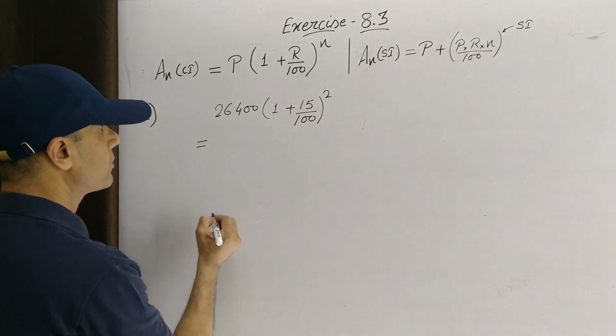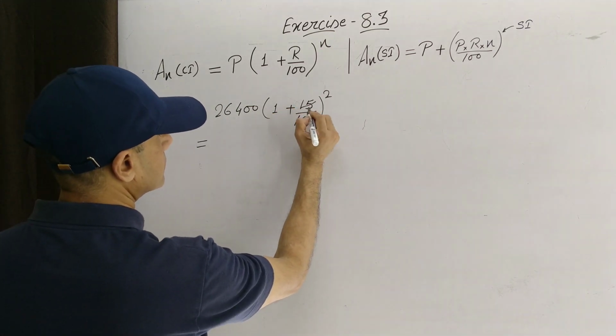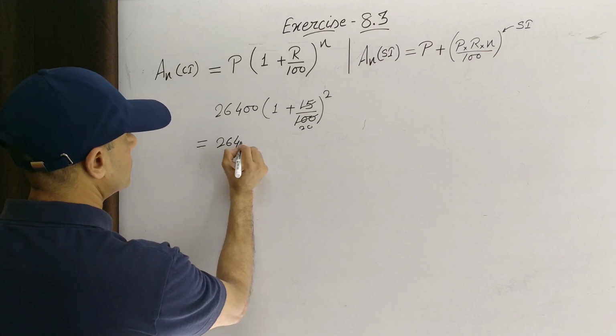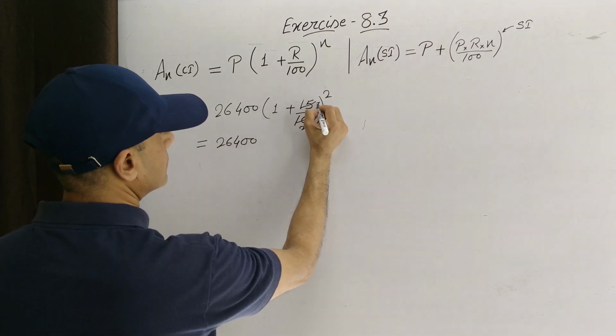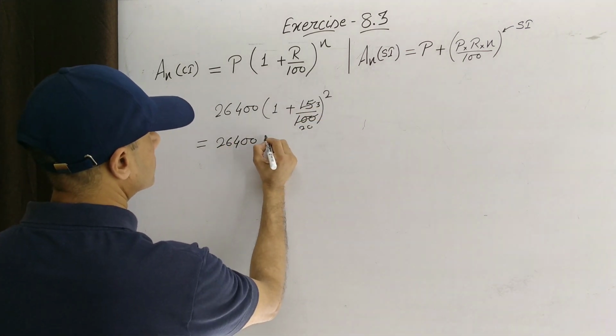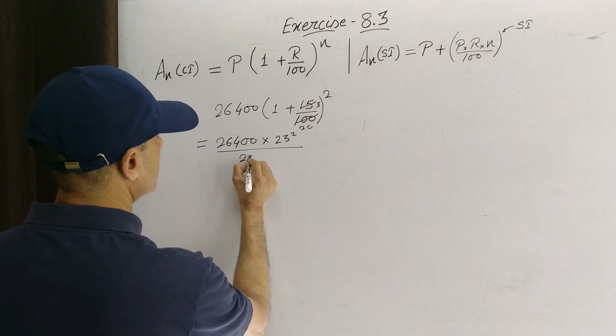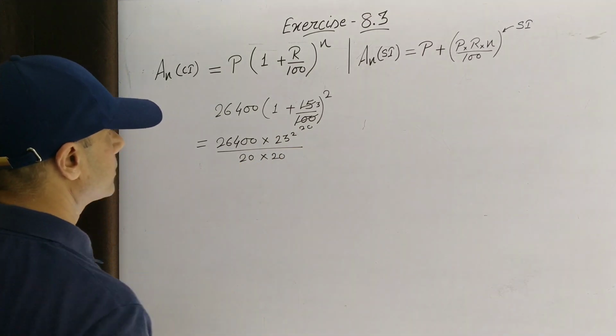So, we get the values as 26,400 into 23 square divided by 20 into 20.